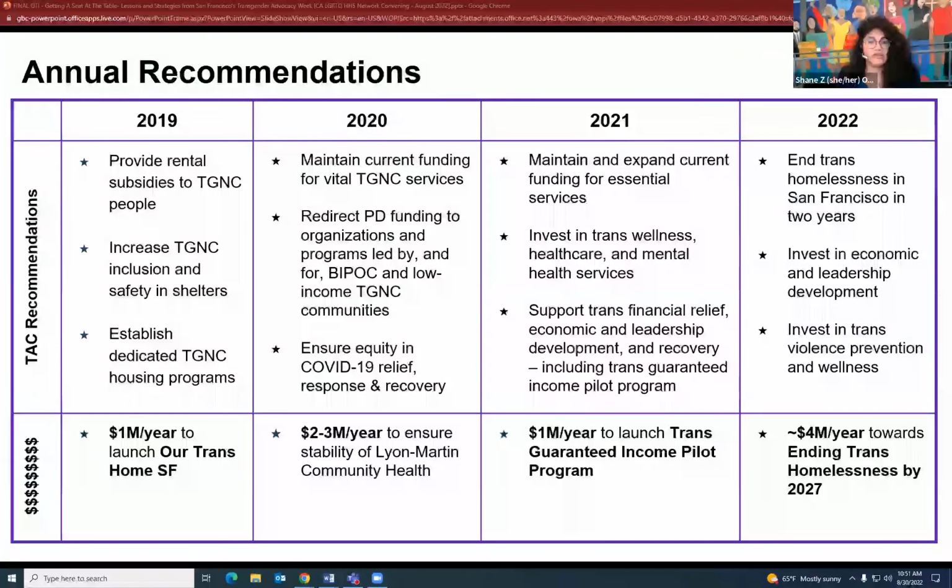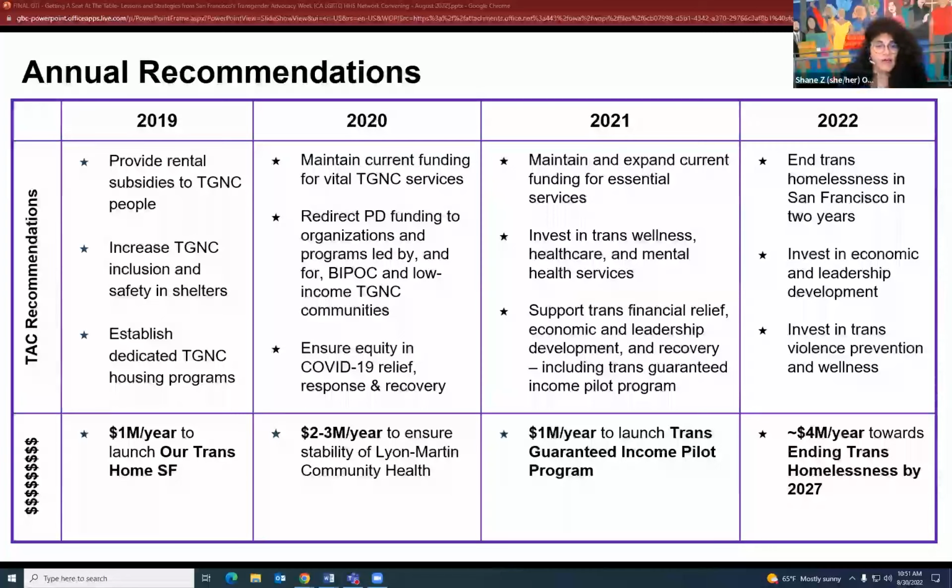Everybody narrowed our recommendations to three talking points you'll see here. We wanted to provide rental subsidies to the transgender and gender nonconforming folks of the city. We wanted to increase trans and gender nonconforming inclusion and safety in shelters. And we wanted to establish a dedicated trans and gender nonconforming housing program for our community.